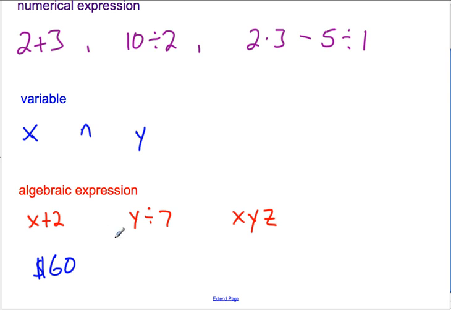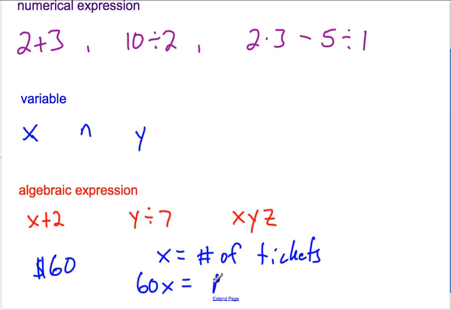Well, when you write the program, you can't write the number of tickets because that changes. So the programmer would write something like x equals the number of tickets being bought. And so if each ticket costs 60, they would say 60x is going to equal the price. That's a simplified version because there's taxes and things like that.